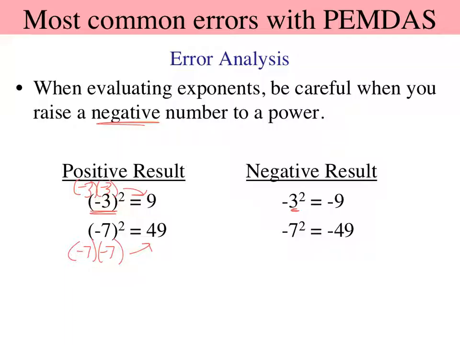The negative in this case is more like a minus sign, so since you do exponents before you would do subtraction, this problem would really look like -3, and then it's just 3 times 3, so that's almost like 1 positive, 1 negative, and you end up getting that -9. Same with the 7, it's just -7 squared, so the minus kind of carries itself down, and it's really just 7 times 7 with the negative out front, which gives you the -49. So parentheses positive, no parentheses is a negative result, so it's kind of an easy way for you to remember those.